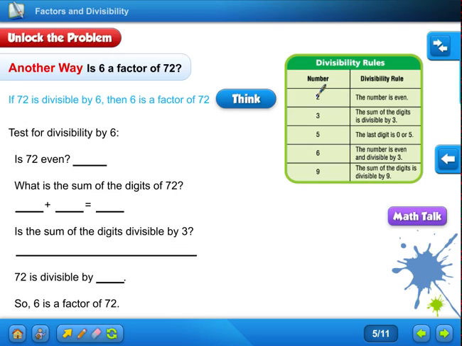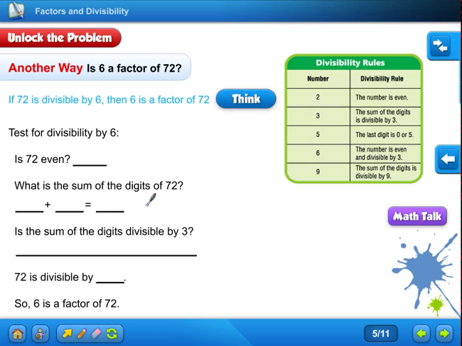The sum of the digits is divisible by 3. The last digit is a 0 or a 5, that's for the 5s. The number is even and divisible by 3, that's for the 6. And for the 9, the sum of the digits is divisible by 9.